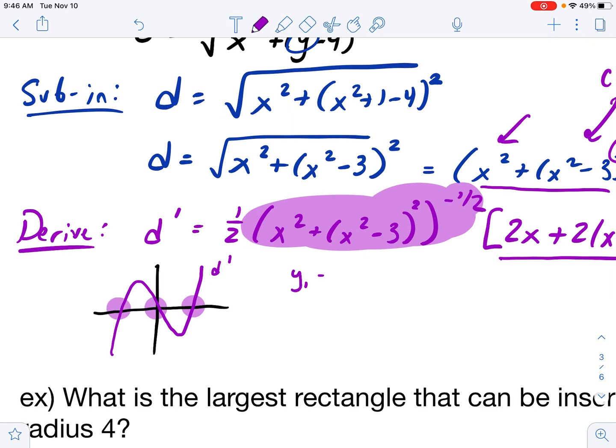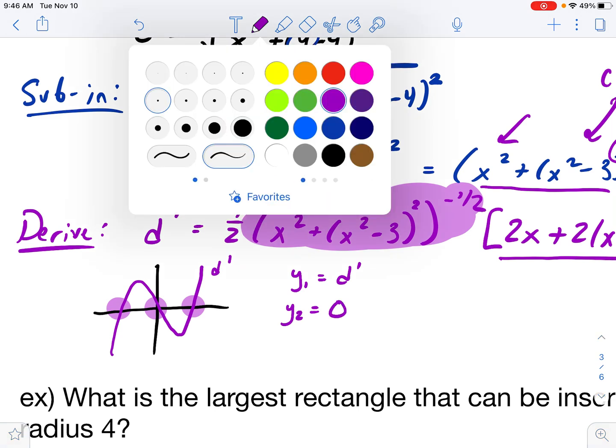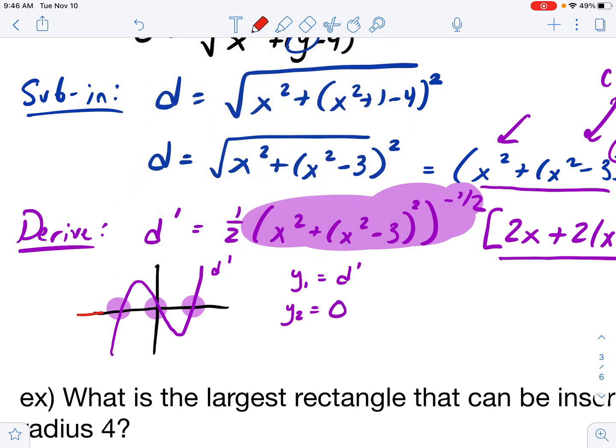So you might have on your calculator y1 equals this derivative equation, okay? Put y2 equals 0 in. Hit enter. That's going to graph the x-axis. You're not really going to see anything because it's just the x-axis. But now what we can do is find these intersection points, okay?